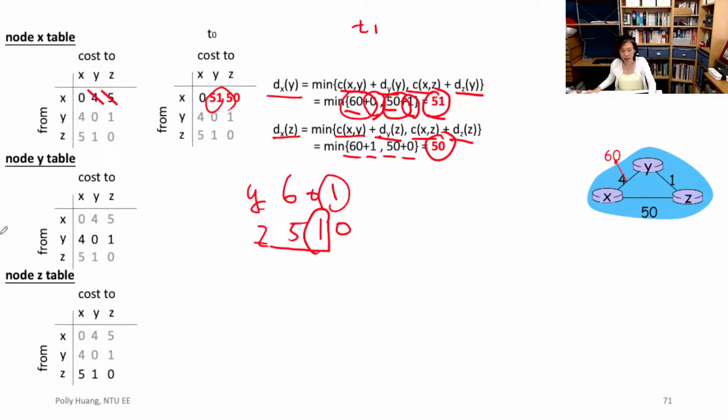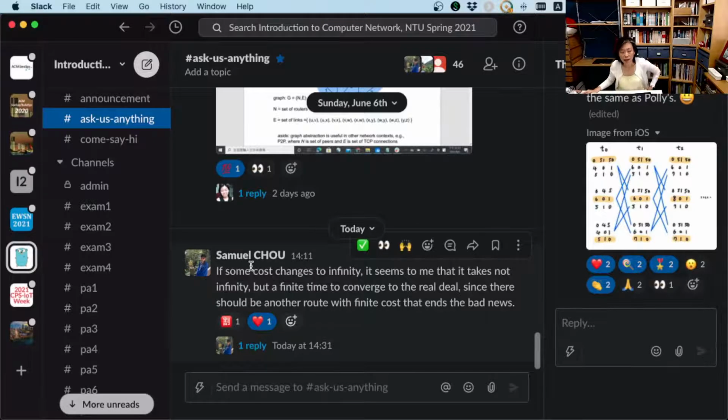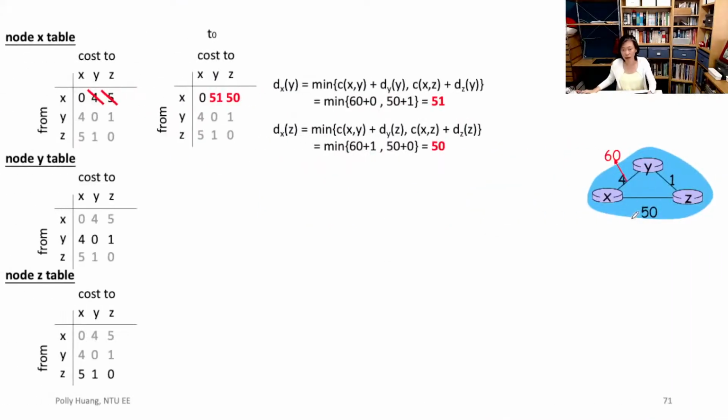Now another thing, there's a question appearing in Ask Us Anything. I think this is Samuel, when I was saying that this is called a count to infinity problem the first time, I didn't have a good example for it. But now you see, if you consider the same topology but without the link between, let me see, assume the same topology except that there's no link here.